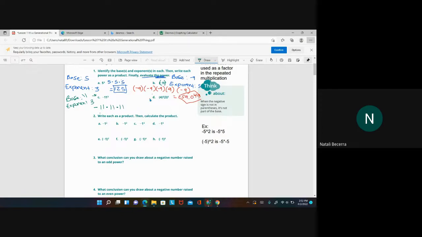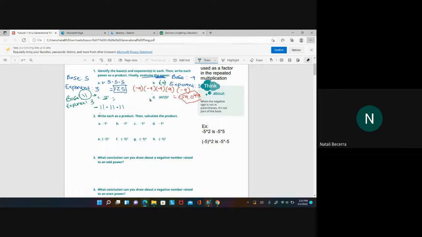You don't write down the negative sign 3 times like we did in part B because it doesn't have parentheses around it. So it's a little bit different. The parentheses are really important. So if it doesn't have the parentheses like I did here, you always write down the negative sign first, and then your base was 11. So that means it's 11 times 11 times 11. You only have the negative sign at the front one time. I hope that makes sense.